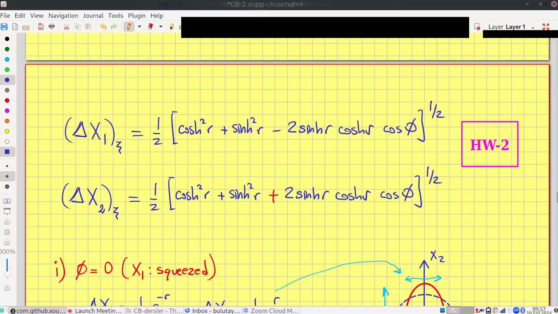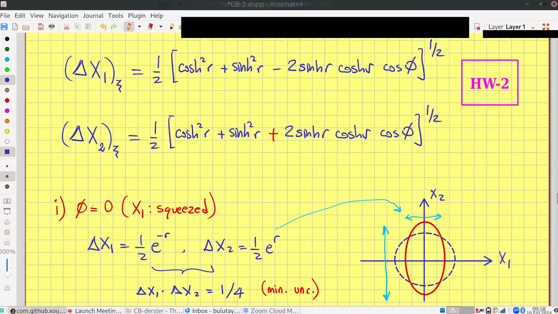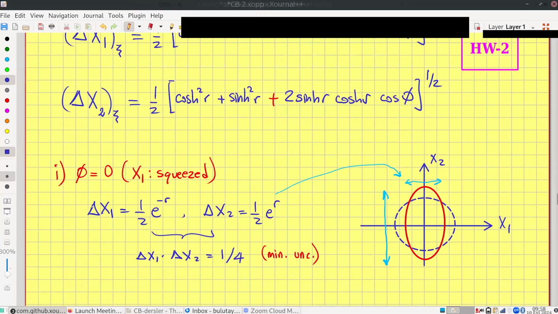This is another part of the homework. This is not easy. You should play with these Baker-Campbell-Hausdorff lemmas and those things, which is very standard in quantum optics. You can find this in any decent quantum optics book. What it does is it squeezes in that direction.